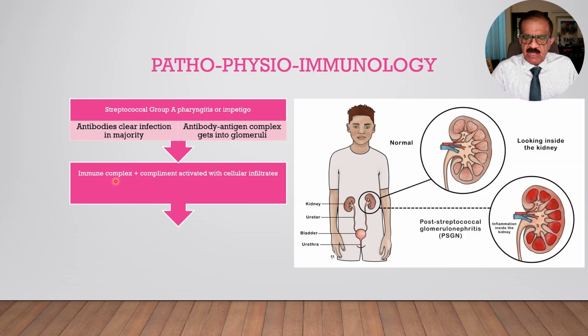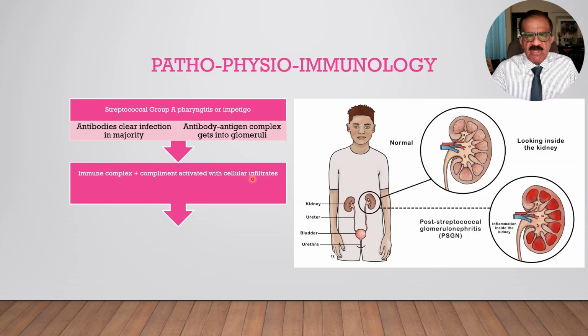Complement is also involved and activated, and this results in very intense inflammation, which attracts various types of cells like neutrophils, eosinophils and monocytes. All are attracted to the glomeruli, and this causes damage to the glomerular basement membrane, endothelium and epithelium, making them porous.